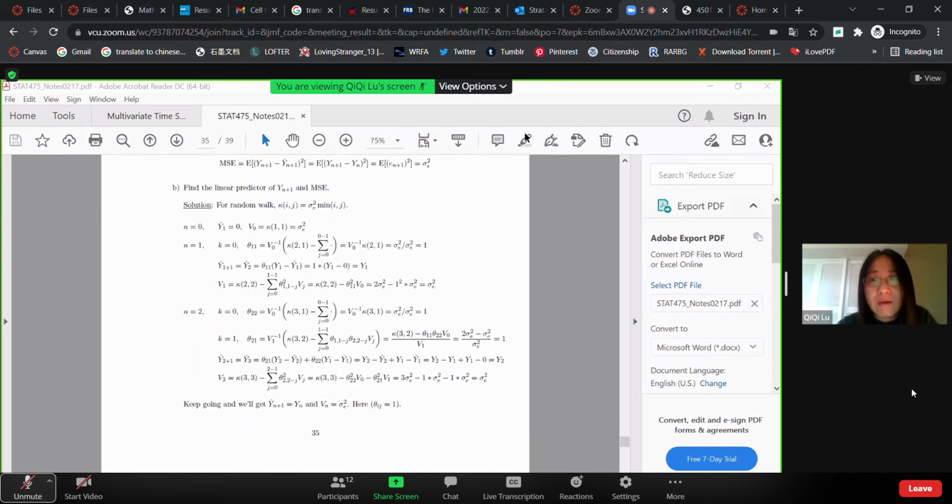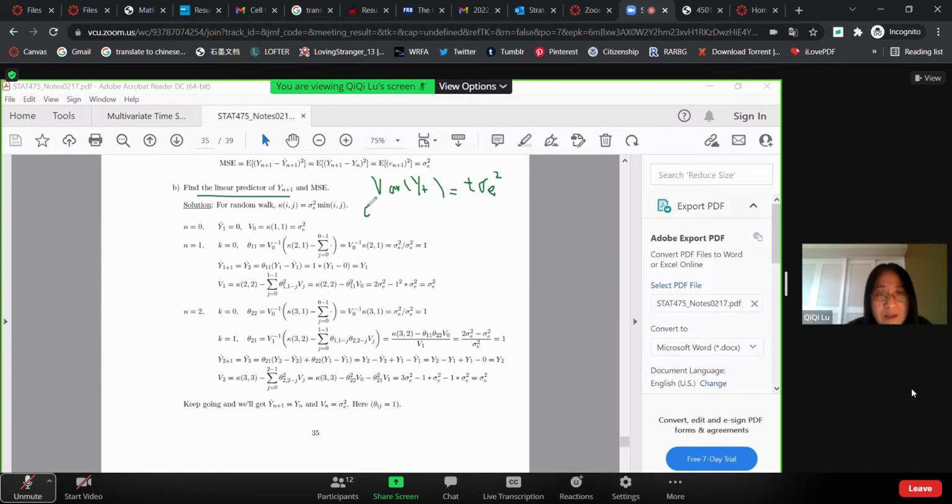Now, if we want to use the linear predictor, to find the one step ahead linear predictor for the random walk: the variance of the random walk equals t sigma e squared, right?